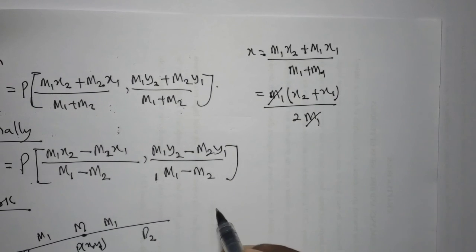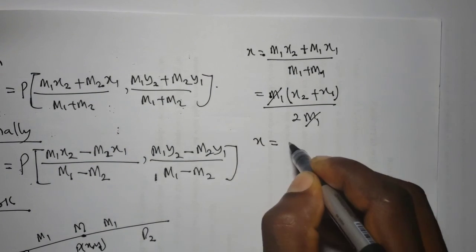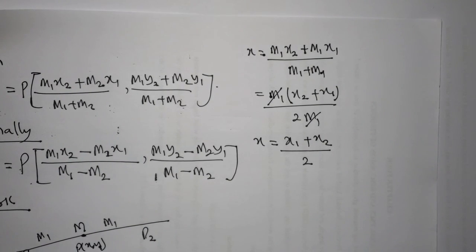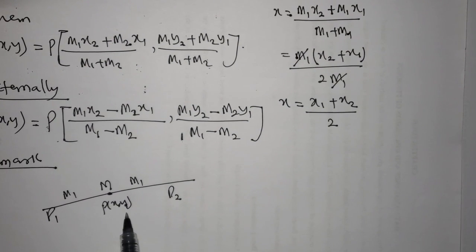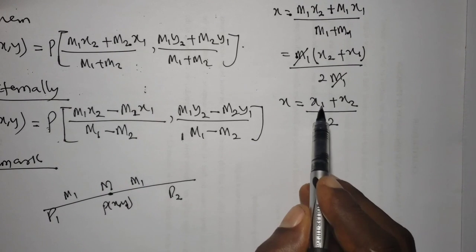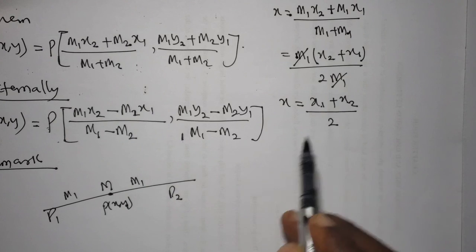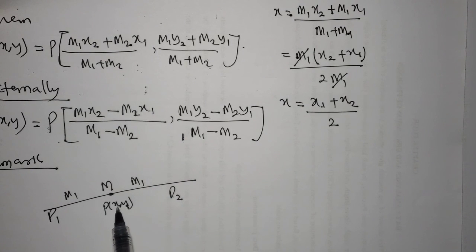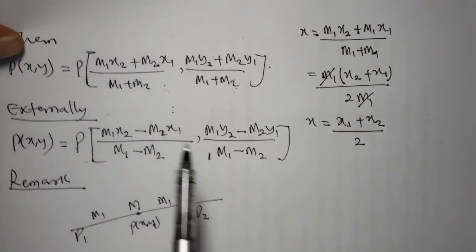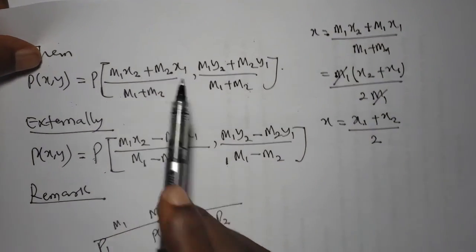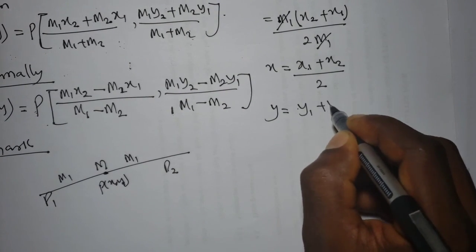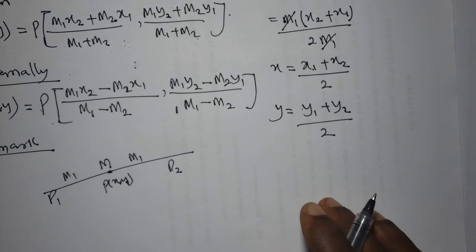So M1 and M1 will knock off, and we have X equal to X1 plus X2 over 2. So if the point PXY is at the midpoint, then the X coordinate becomes X1 plus X2 over 2. But if the point PXY is just an internal point, which is not a midpoint, then the X coordinate is nothing but this. So similarly, the Y coordinate will be Y1 plus Y2 over 2.